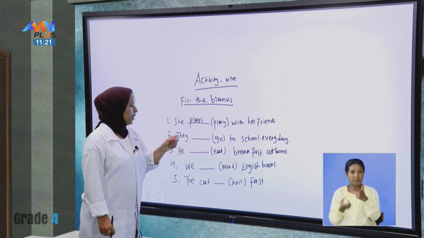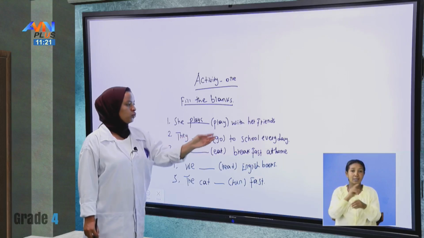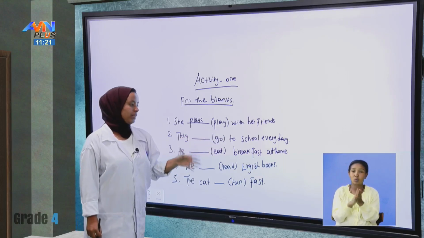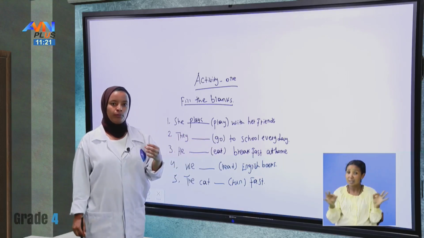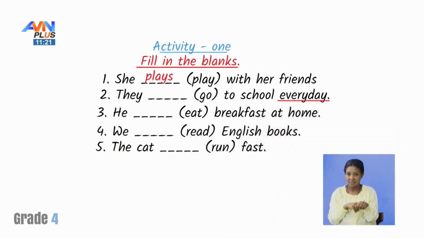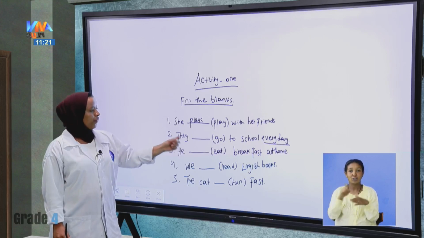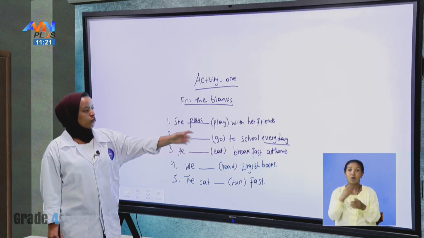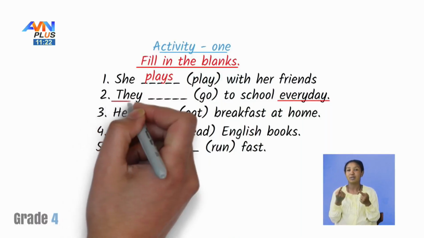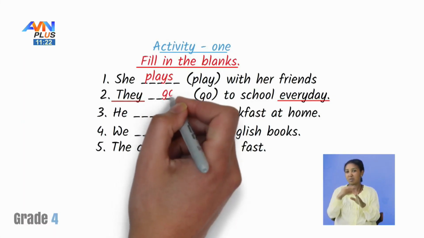Question number 2. They blank go to school every day. Students, this sentence shows a habitual action because it is every day, a frequent and repeated action. Here is a plural subject, so easily we can take the verb.